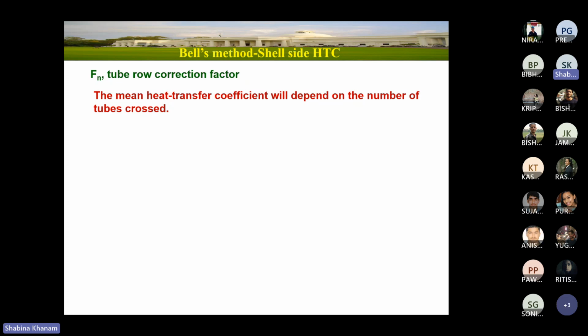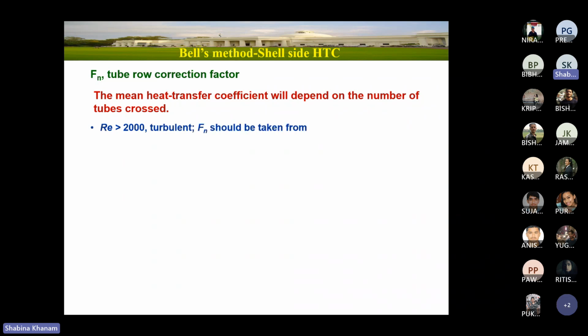It depends on the number of tubes crossed. What does that mean? We will discuss what the cross flow is, and what is the meaning of the number of tubes crossed.